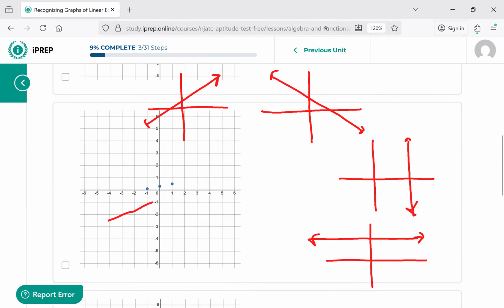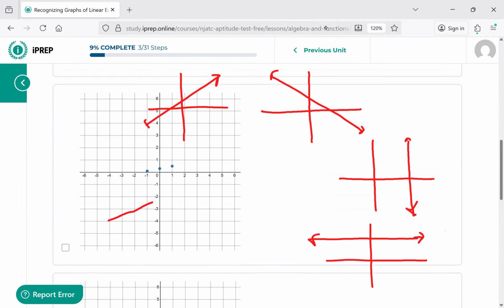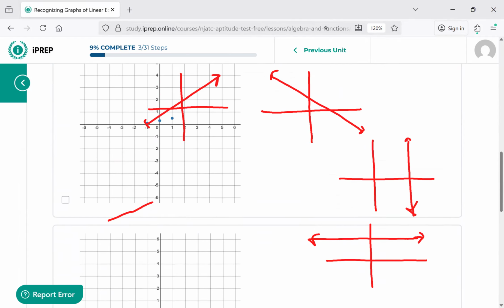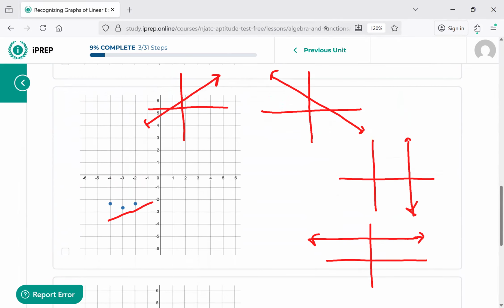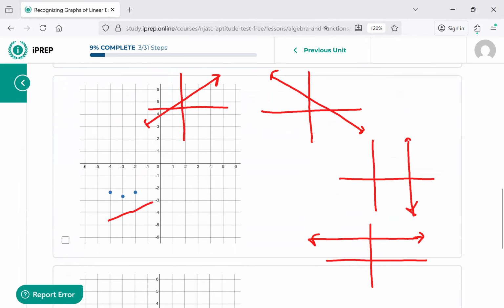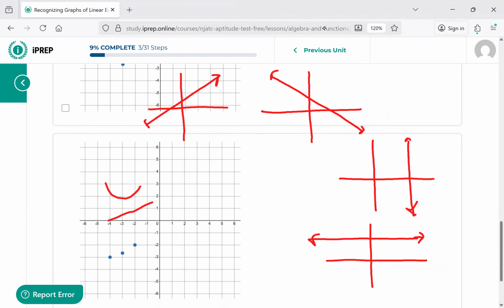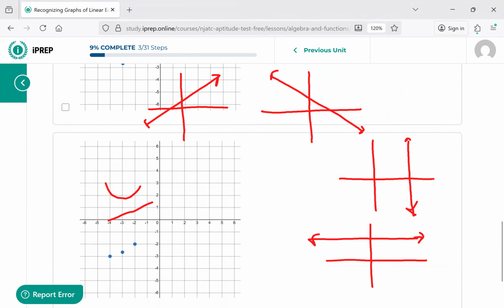This one looks like a linear function, so it could be that one as well. What about this one? No, that does not look like a function. It looks more like a parabola, because if you connect the dots, it makes a U shape. So I don't think it's that one.